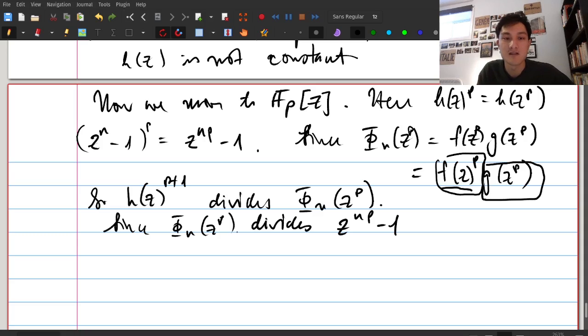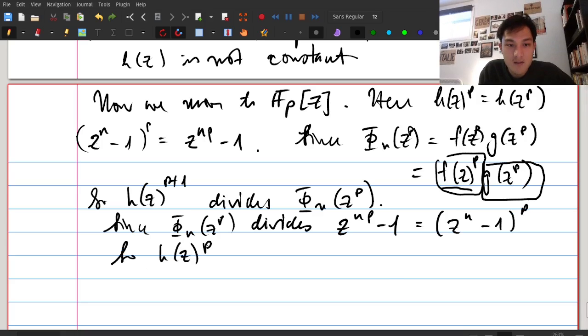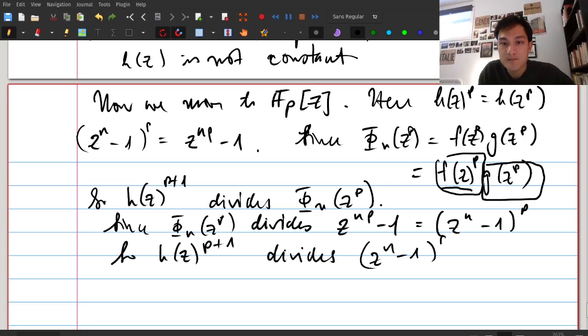So obviously this divides that, and we talked about this a lot in the previous video. Well, this thing is just z to the n minus 1 to the p, by the lemma. So h z to the p plus 1 divides, it's transitive, z to the n minus 1 to the p.